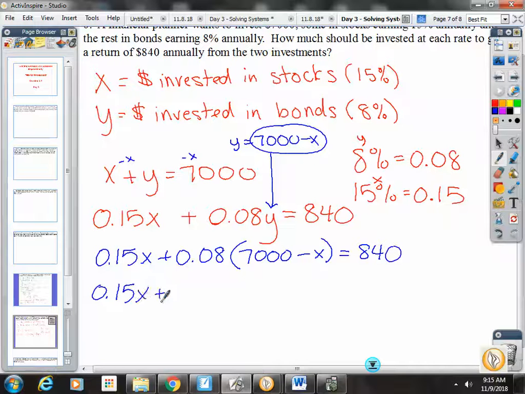0.15x plus 560 minus 0.08x. Did I make a mistake? And then say 40.